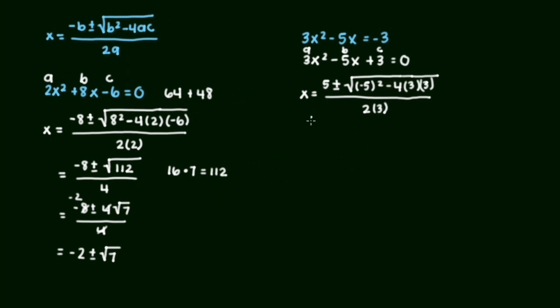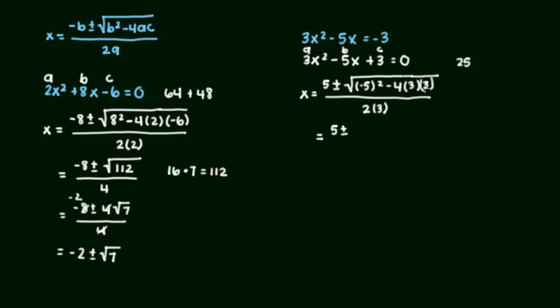Now we can begin to simplify once again. So we have 5 plus or minus negative 5 squared is 25. Then we have negative 4 times 3, which is negative 12.